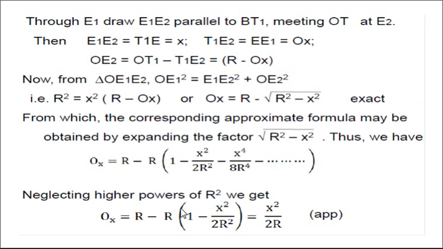Neglecting higher powers of R squared, we get OX is equal to R minus R into (1 minus x squared upon 2R squared), which is equal to x squared divided by 2R. So we can use this formula to find out offset OX.